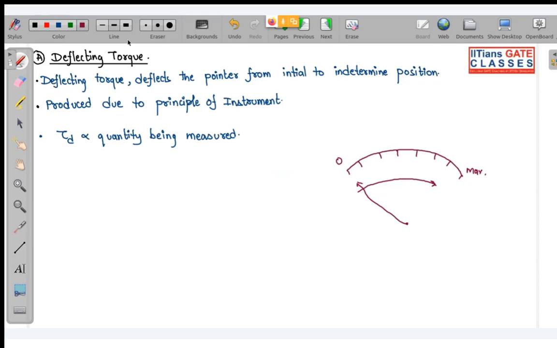Suppose we have an instrument in which only deflecting torque is present, suppose this is one ammeter, this is 1 ampere, this is 2 ampere, this is 3, 4, 5, 6, 7.